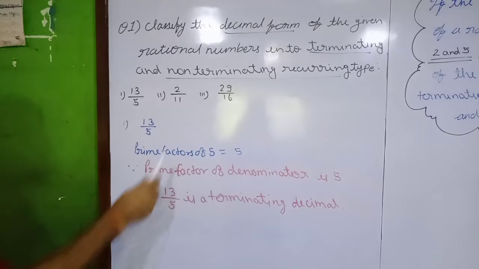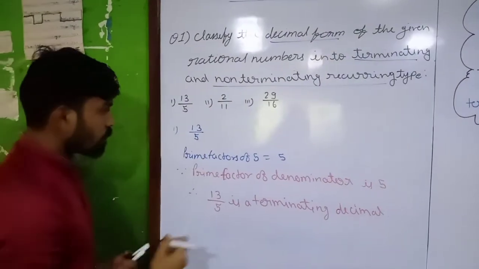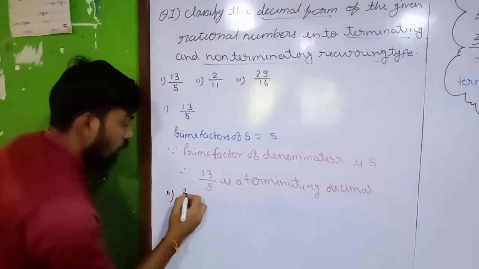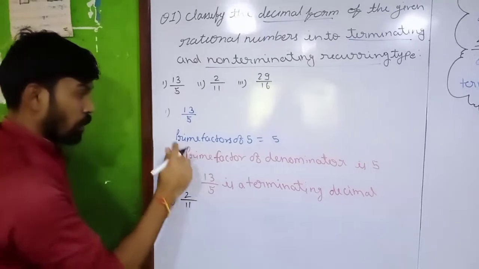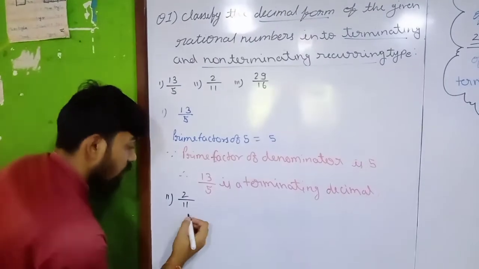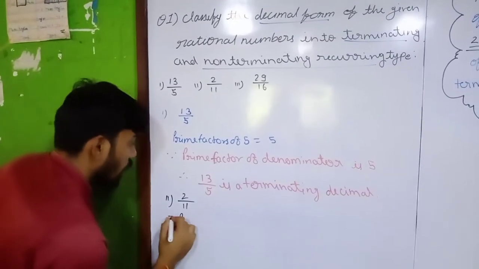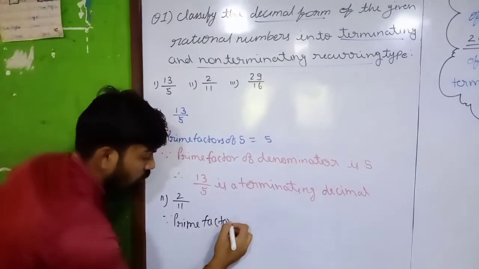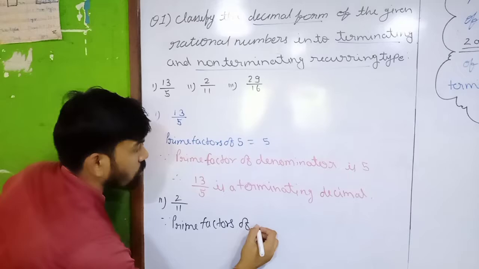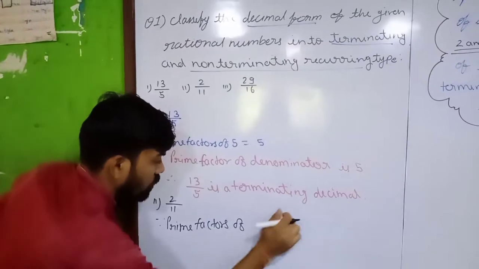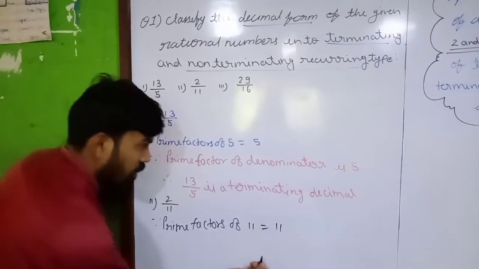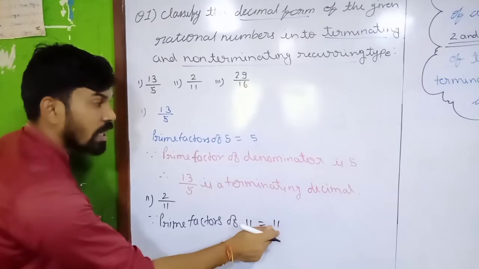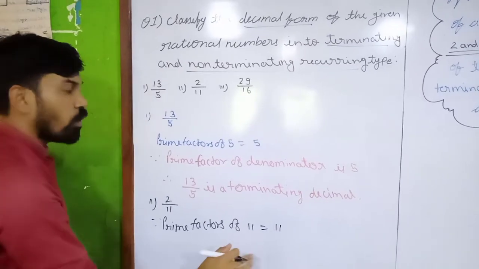Now see the second one, 2 upon 11. In 2 upon 11, the prime factors of the denominator: prime factors of 11 is equal to 11, because this 11 is not 2 or 5.